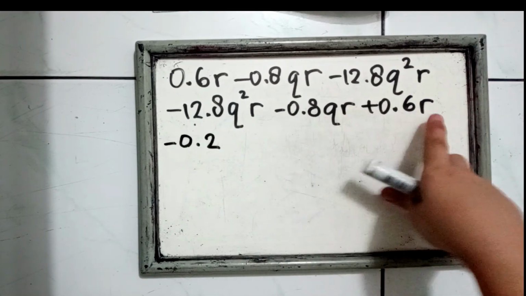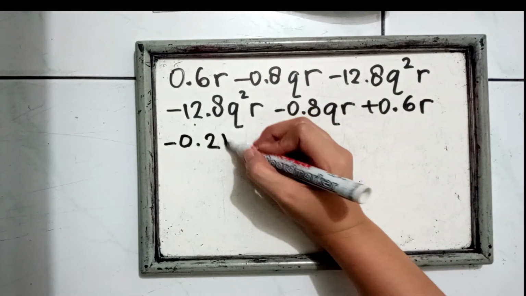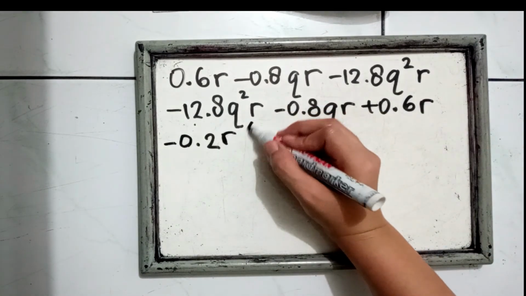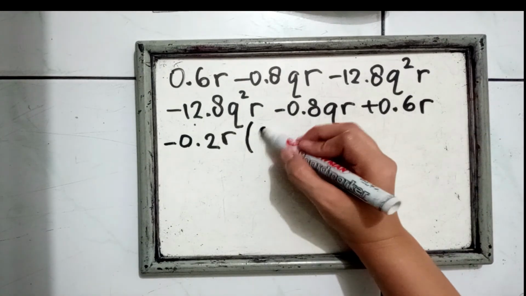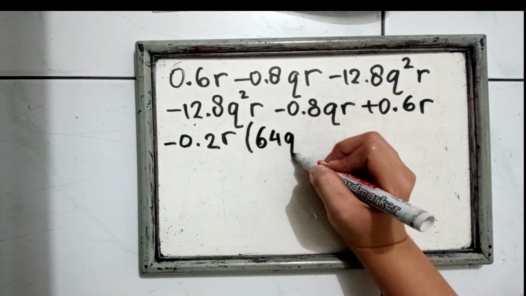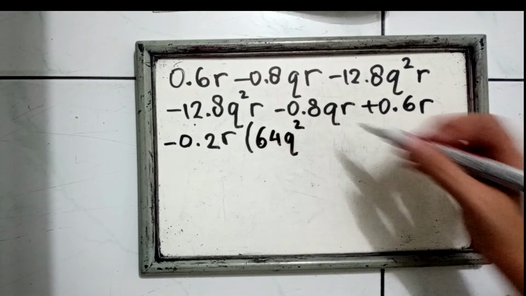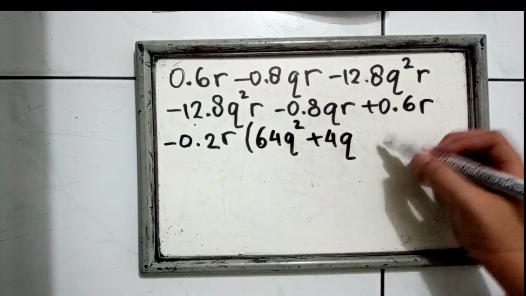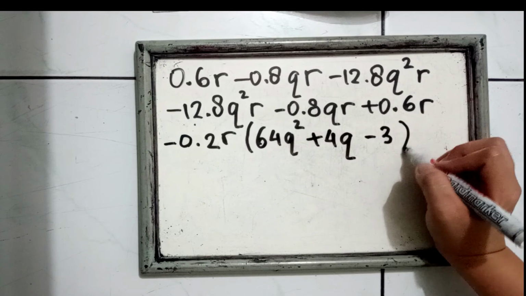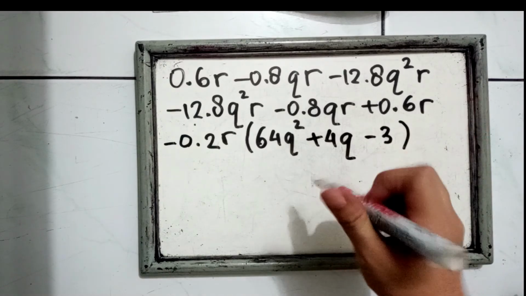R, R, and R. Okay, so it will be 64Q square plus 4Q minus 3. So we will vectorize this.